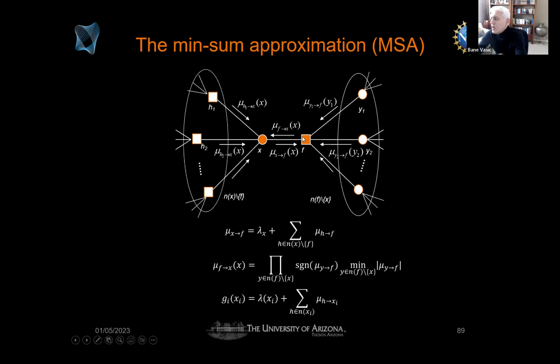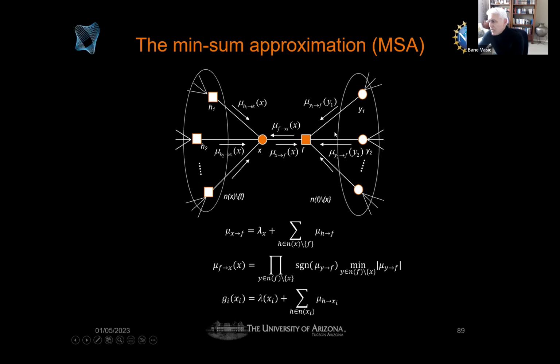What the check node does is ensure that the parity check is satisfied. So the check node sends the minimum belief of the incoming messages, but with the correct sign. And this correct sign is obtained as a product of signs. Remember, negative messages correspond to ones, positive messages correspond to 0.